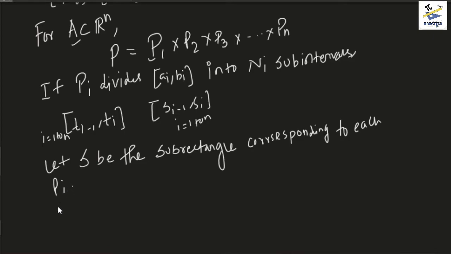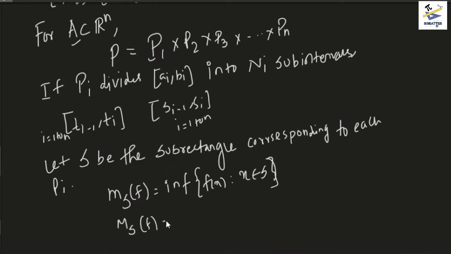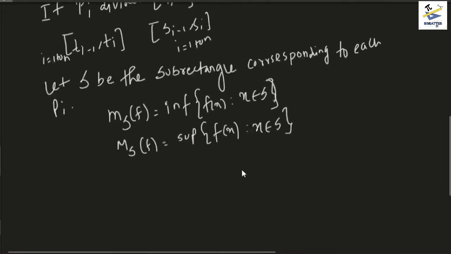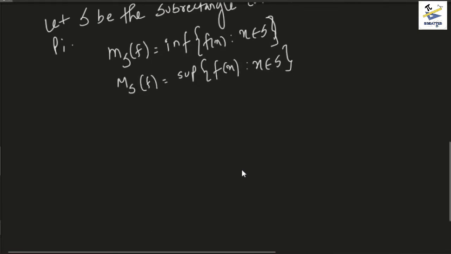So for a particular Pi, we pick a subrectangle S which is being partitioned, and what we can calculate for that is the smallest small m, which is basically the infimum of the set of f values, and the capital M, which is the supremum of the set. Once we calculate these two, now let V of S be the volume.